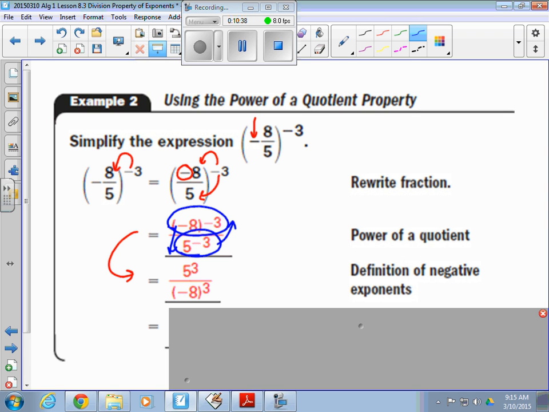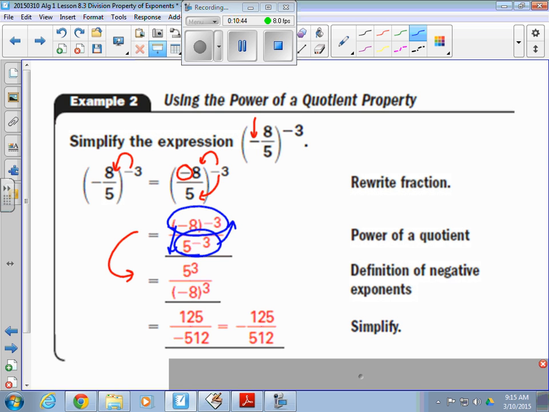And negative 8 to the negative third is now on the bottom, and it's to the positive third. So 5 to the third is 125 over negative 8 to the third is negative 512. And right here, they just put the negative back in the front. But negative 125 over 512.